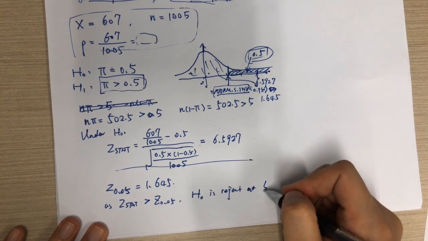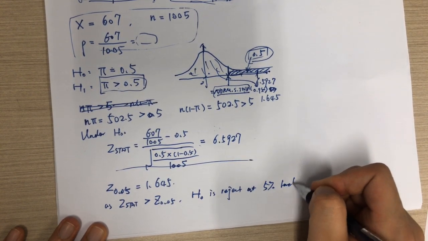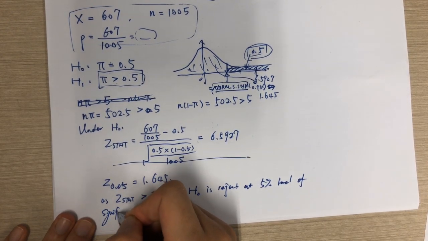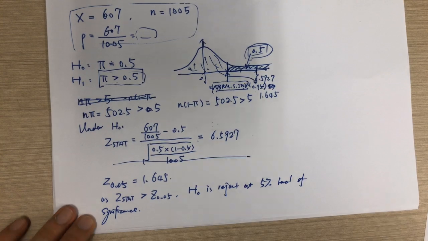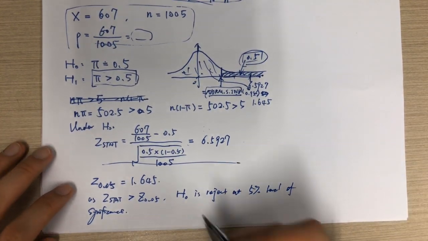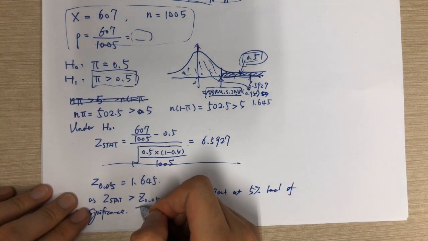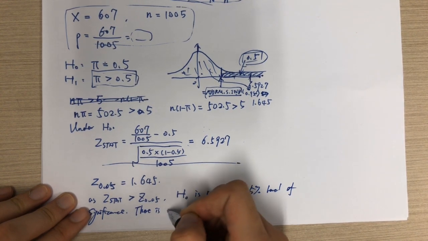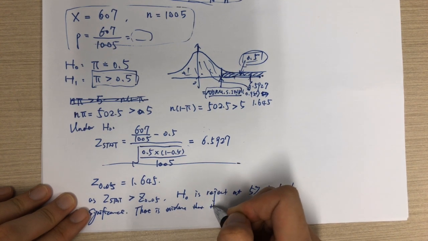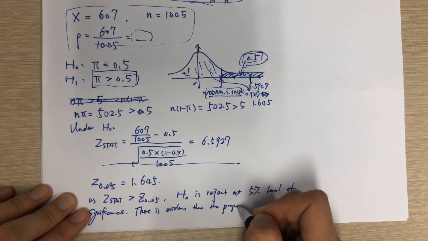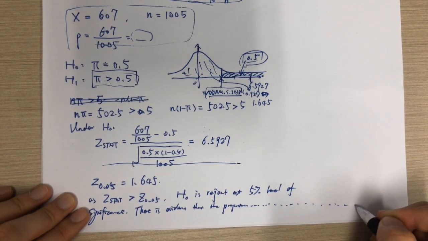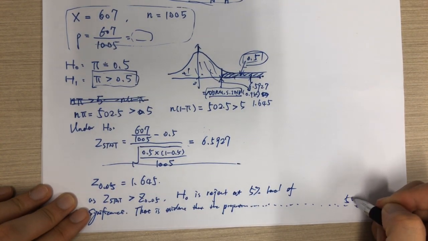It's rejected at 5% level of significance, so that there is evidence that the proportion of workers who support the extra 5% increase exceeds 50%, right?